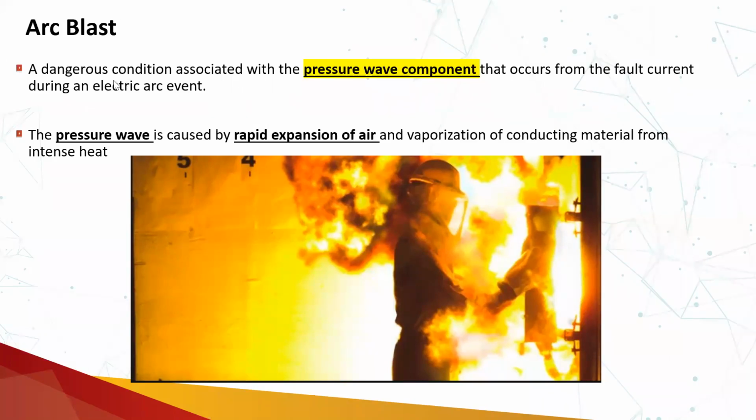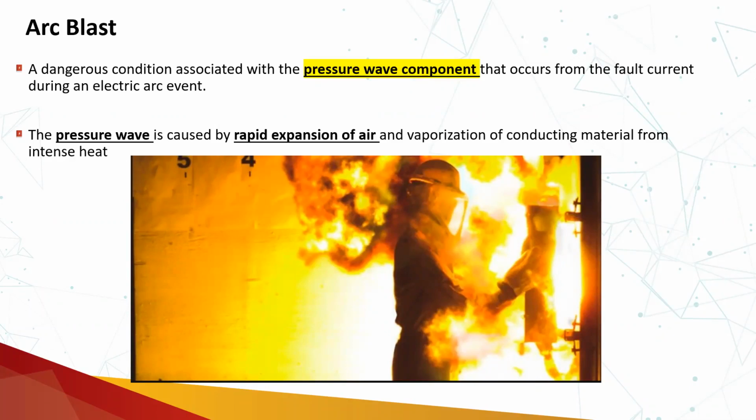So it is a dangerous condition associated with the pressure wave component that occurs from the fault current during an electric arc event. The pressure wave is caused by the rapid expansion of air and vaporization of conducting material from the intense heat.